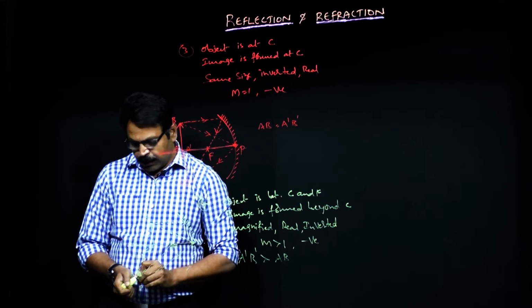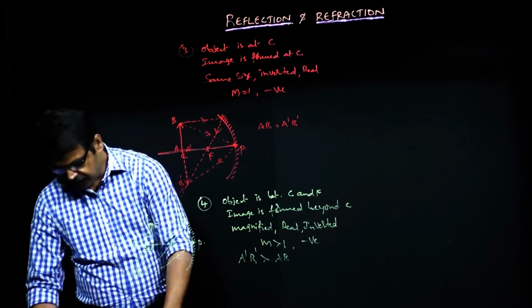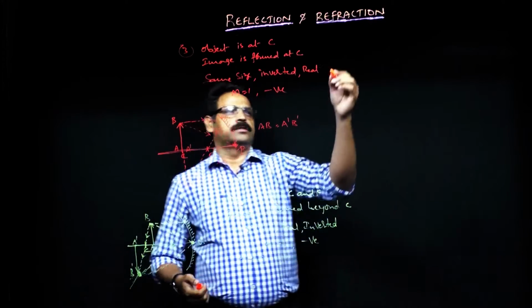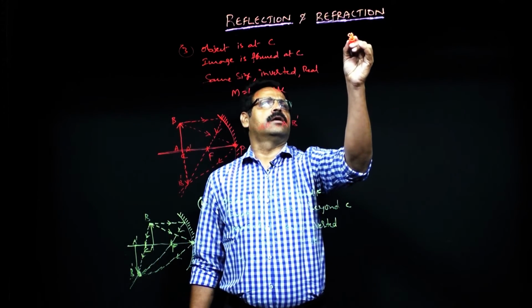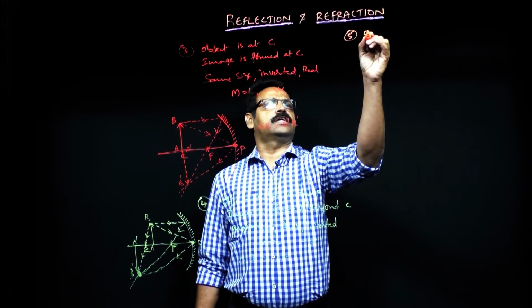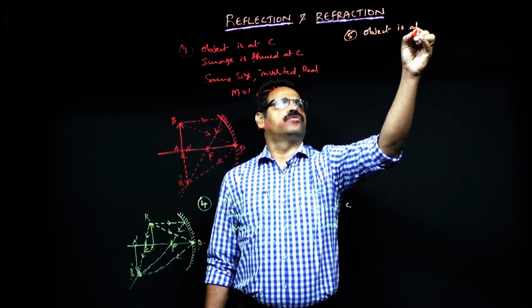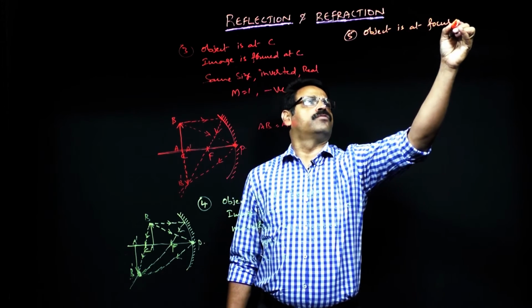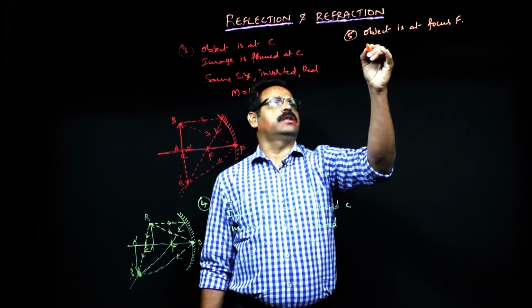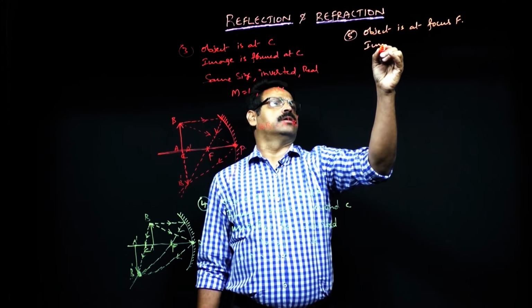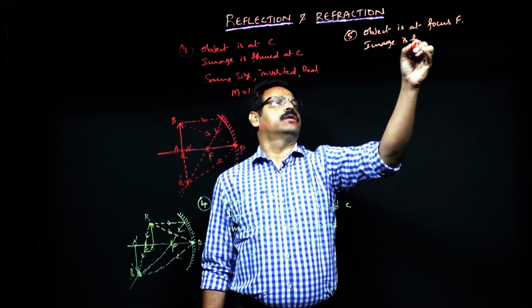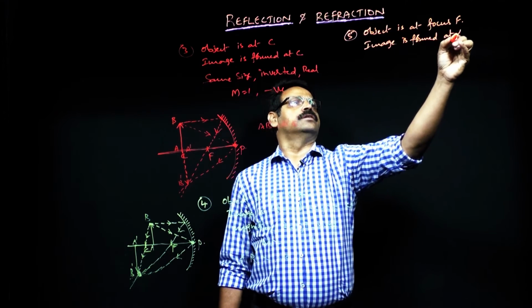And then you can think of the third, fourth, fifth case, that is when the object is at focus F. Then the image will be formed at infinity.